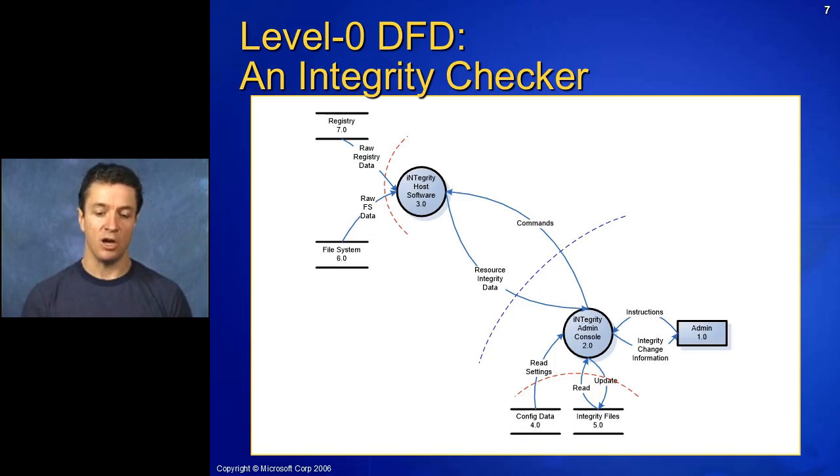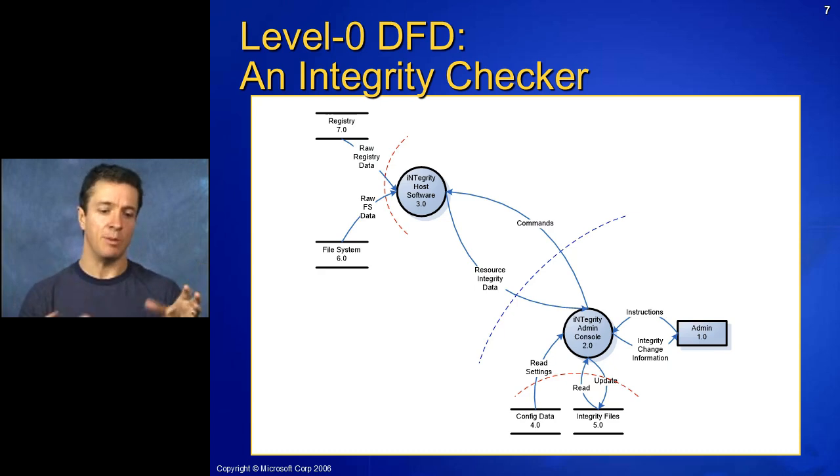Now you notice there's some dashed lines here. This is something that we added to data flow diagrams, and it's particular to security, and we call them trust boundaries. Essentially, where data moves from one level of trust to another, or you just don't trust the data, or it moves from one identity to another, there's a trust boundary there. So for example, here we have the data communicating between a local console and a remote console.